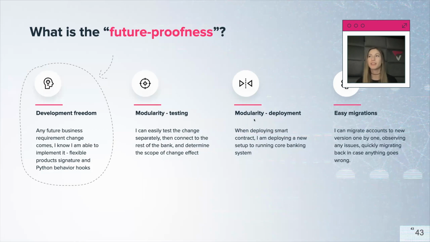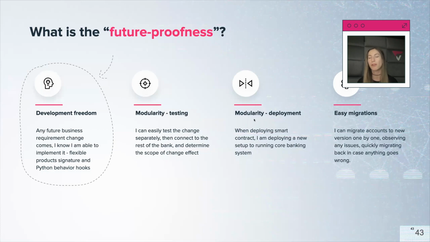Then, of course, deployment is another point of future-proofness, because when I'm deploying a new smart contract, I don't have to redeploy the whole core banking system. I don't have to go offline for a week to update my whole bank.